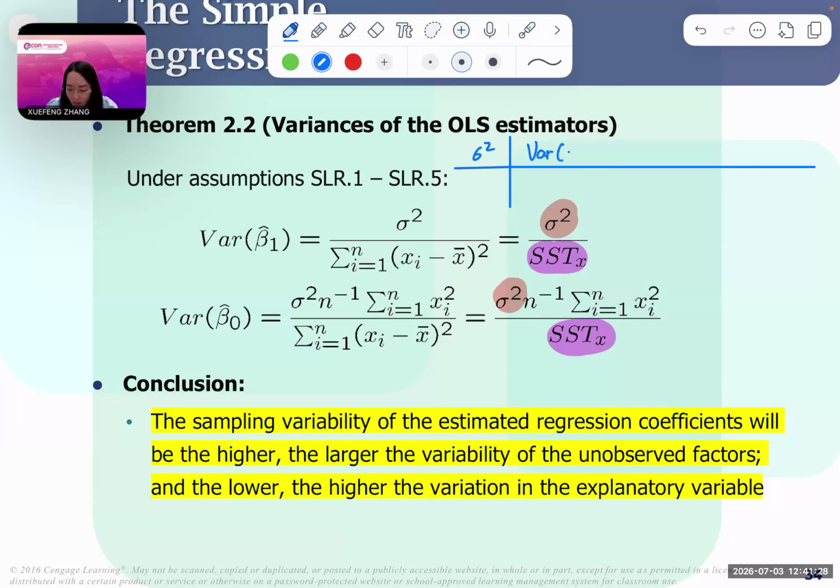It means how noisy the world is, how much we cannot explain or observe through the error term. And then SST X means how much X varies in our data.